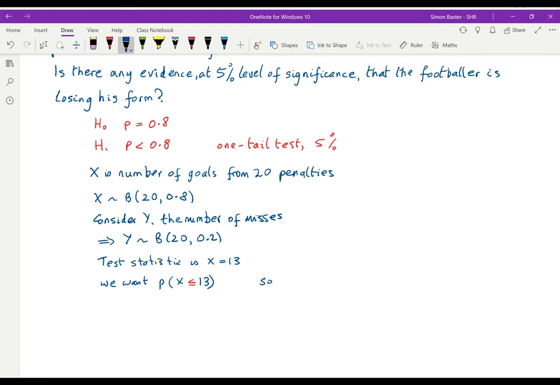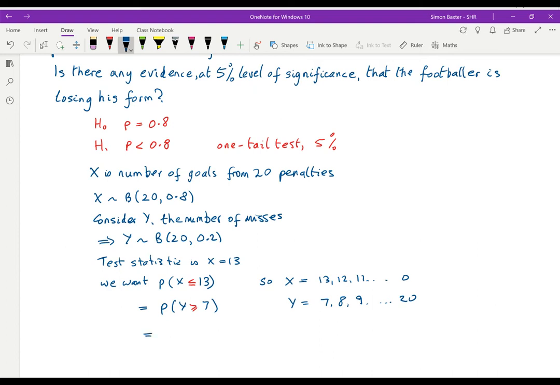That means that x could be 13, 12, 11, etc., down to 0. Y therefore could be 7, 8, 9, up to 20. And so this is going to be the same as the probability that y is greater than or equal to 7.